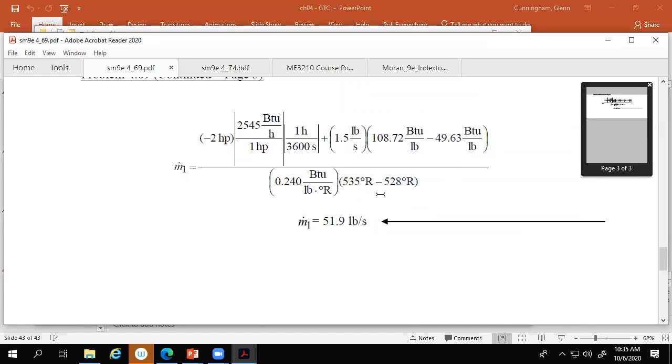delta T. Now notice, if you have a delta T, you can use Fahrenheit. It's probably dangerous to tell you that. If you always use Rankine, it's pretty hard to make a mistake.